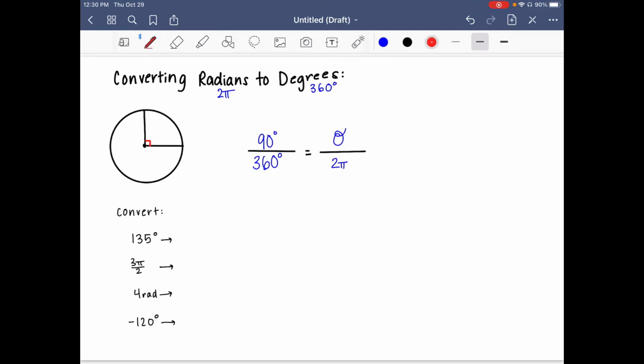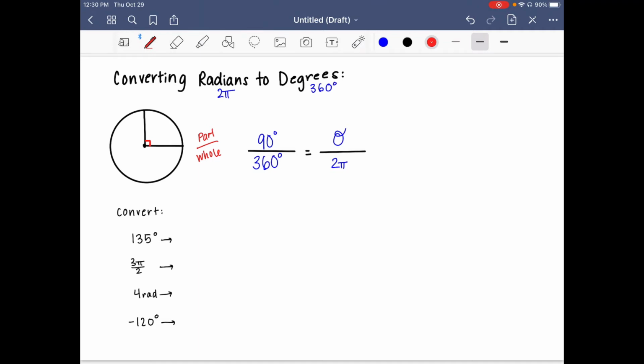So what I'm thinking about here when I build this proportion is my main idea is part over whole, right? This is the same fraction of the circle no matter what measurement we're talking about. My part is 90 degrees. My angle out of the entire circle, 90 degrees out of 360.